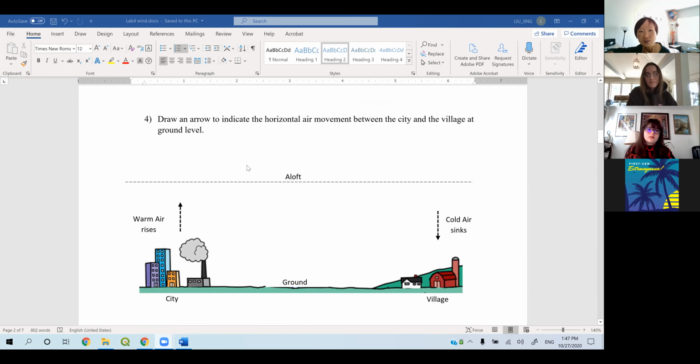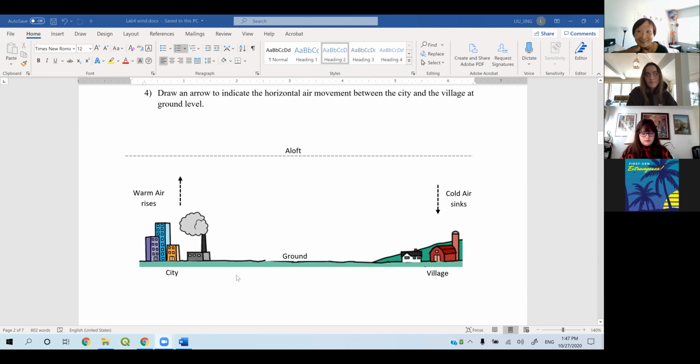Okay, so this one is similar to our jet stream. I want you to study the local wind pattern. You can see we have two places. We have our city, think about LA. Then we have our village, think about Santa Monica, a suburb, or other rural area.